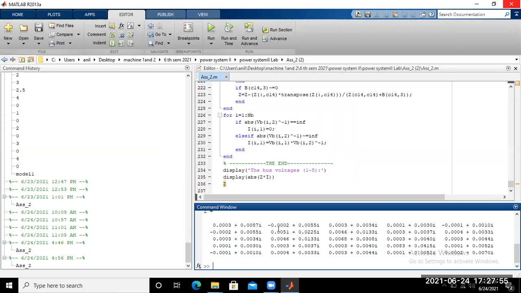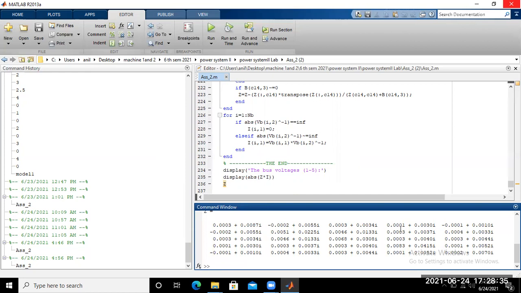Similarly, this is your Z12, first row, second column. The resistance value is minus 0.002, and the reactance value is 0.0051. For the first row, third column, Z13, the value is the same as Z11: 0.003 plus 0.00341.